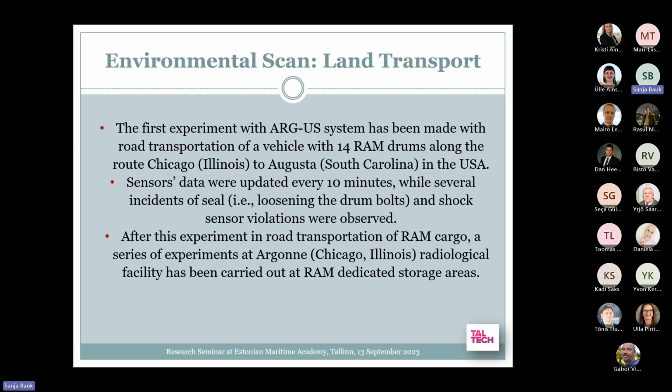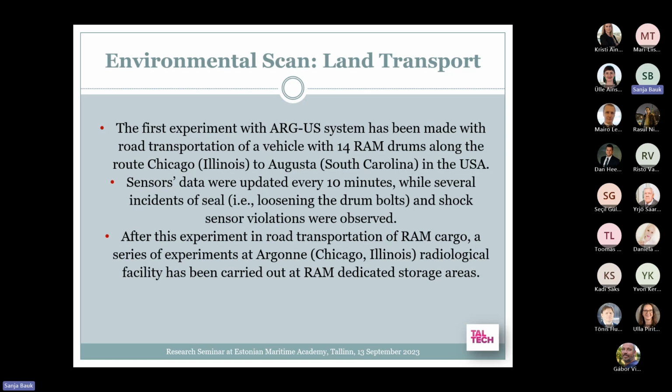This project was tested firstly with 14 radioactive material drums on the route from Chicago to Augusta, so from Illinois to South Carolina in the USA, and this was successfully done. This system works for railway transportation, and it was tested as well.